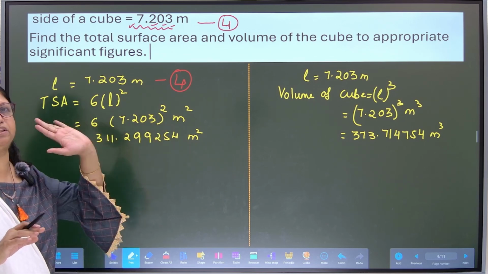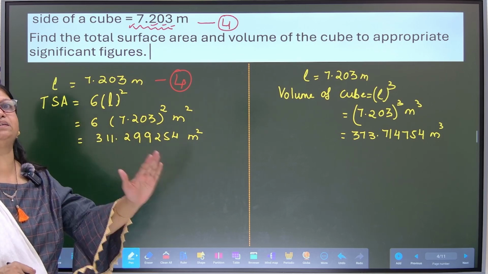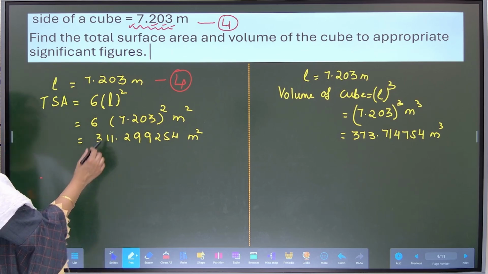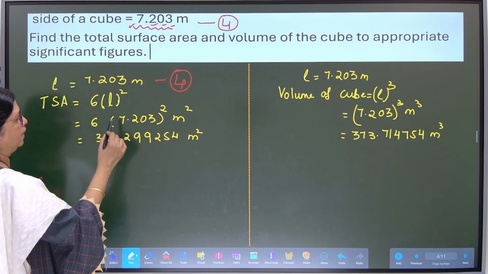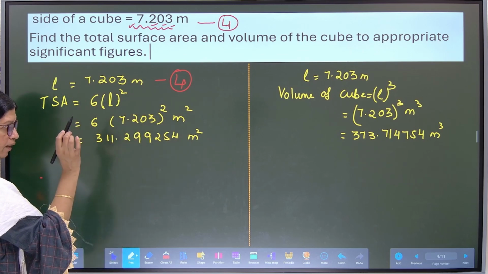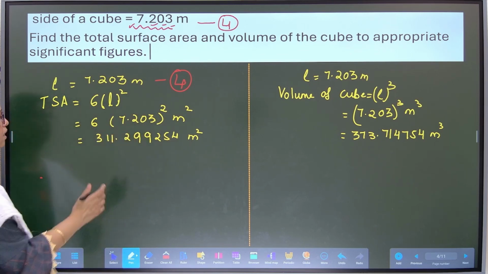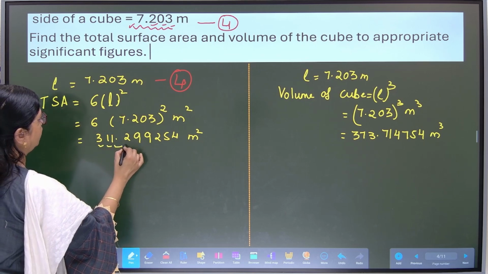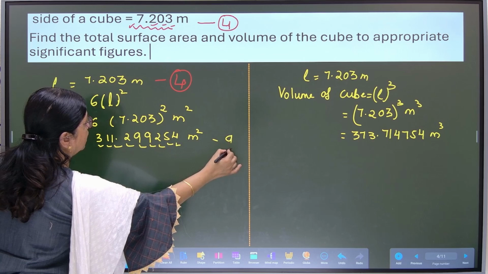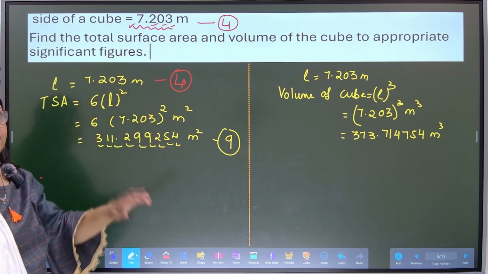This is the same question as in the textbook, so that when you read it, you understand it with the concept. Concept is very important. So I get, after multiplication, 6 multiplied by 7.203 square, a number with how many significant figures? 1, 2, 3, 4, 5, 6, 7, 8, 9. I get a number with 9 significant figures, but I want 4 significant figures.